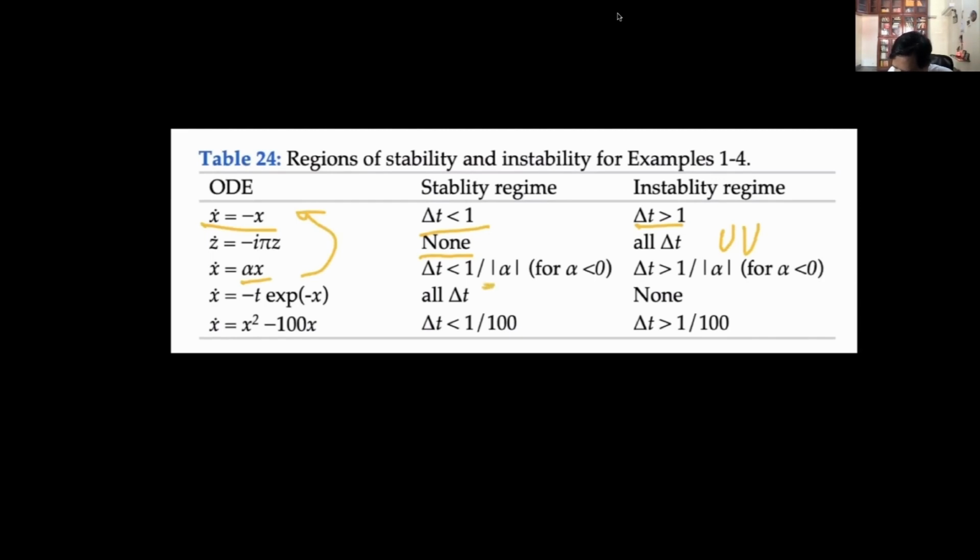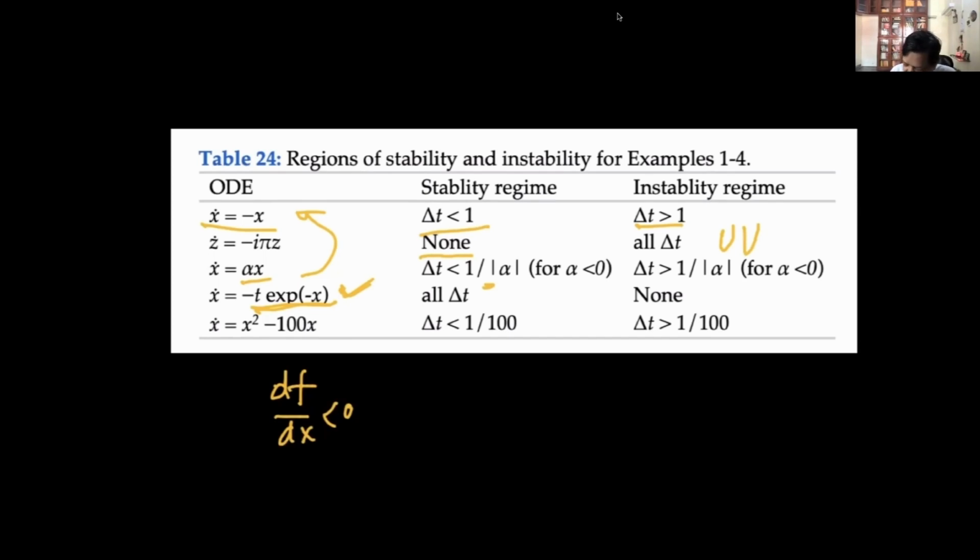Okay, so now this one is a bit tricky. This is a nonlinear equation. For nonlinear equations there are ways to say something about stability, but I'm running short of time, so I'm not able to describe them fully. So the idea is that you linearize around a given x and see whether the linearized equation, dA by dx, is less than 0, like alpha less than 0, and then you compute delta t.